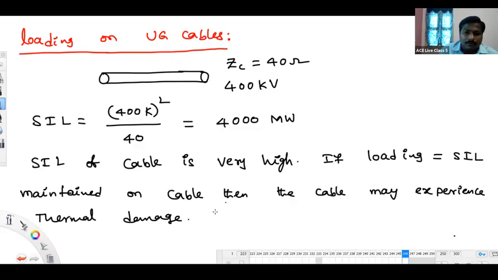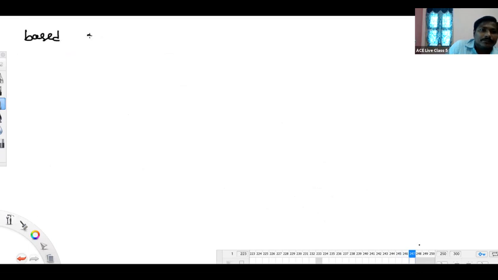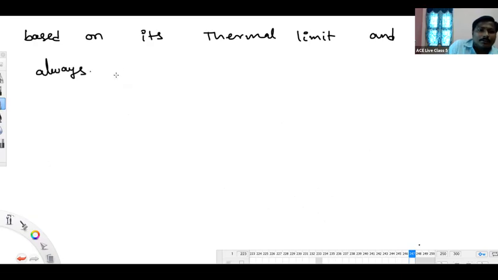So loading on a cable is done based on its thermal limit, and always loading less than SIL is preferable.